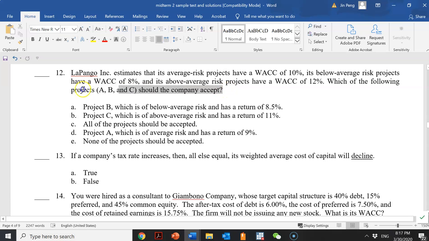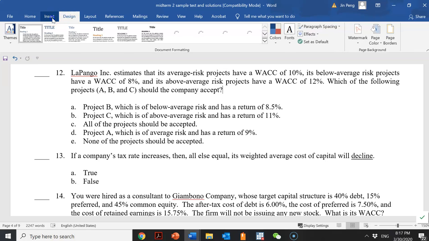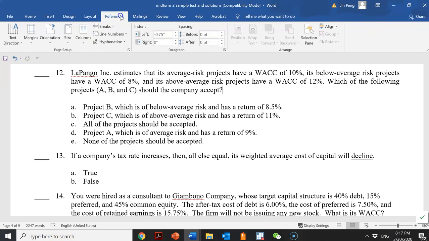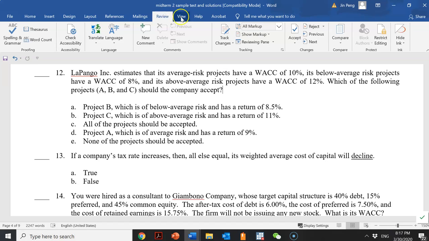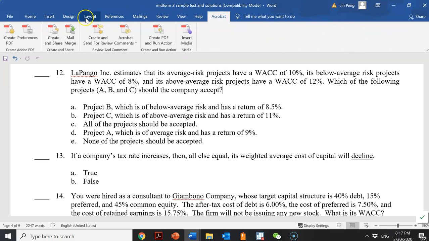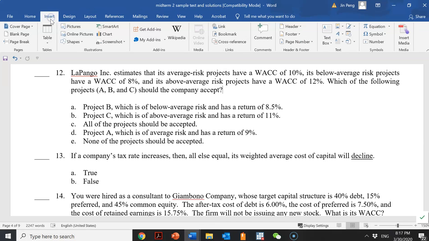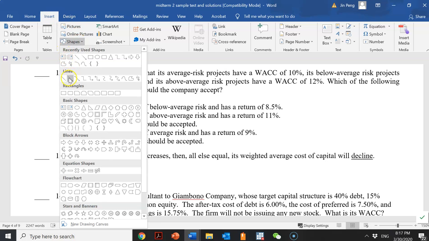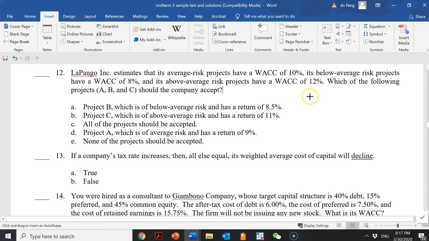Okay, so again, remember, this is testing our knowledge on the risk-adjusted WACC line. Remember, we have discussed in chapter 10 before that, let me draw the graph here.